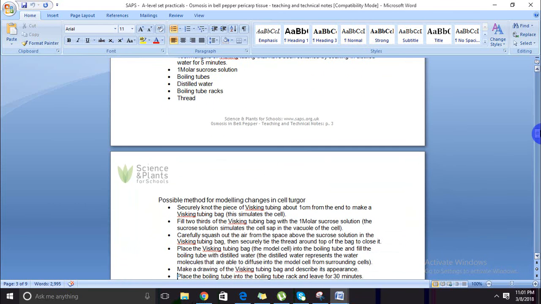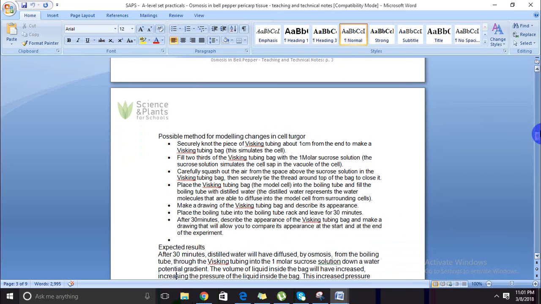Possible method for modeling changes: securely knot the piece of Visking tubing about 1 centimeter from the end to make a Visking tubing bag. A simulation of the cell: fill 2/3 of the Visking tubing with the 1 molar sucrose solution, which is basically simulating the cell sap in the vacuole.